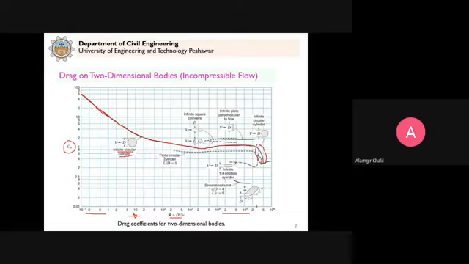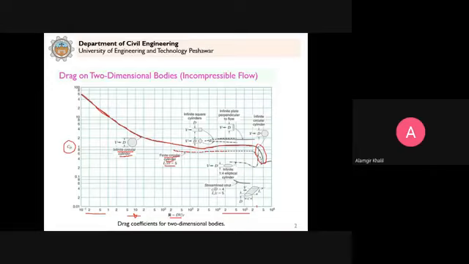But if we consider a finite circular cylinder with a length to diameter ratio of 5, you can see that this is the curve. It is below, clearly, which means the drag coefficient is less compared to a cylinder of infinite length.